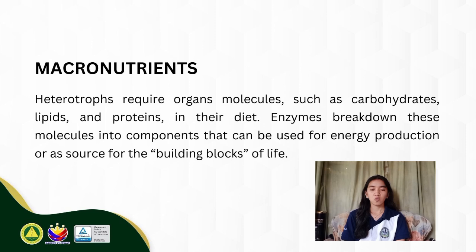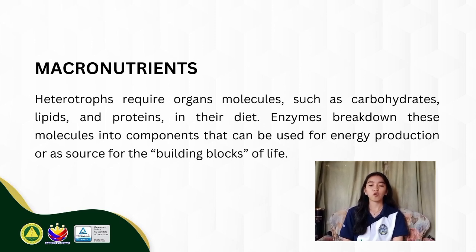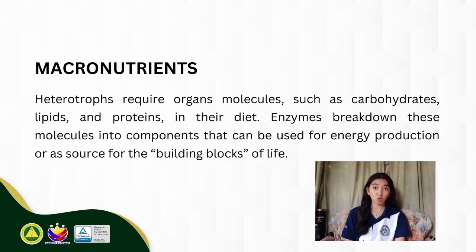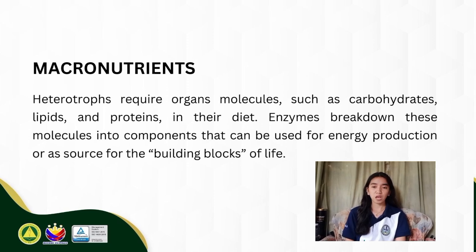Macronutrients, heterotrophs require organic molecules such as carbohydrates, lipids, and proteins. And enzymes break down these molecules into components that can be used for energy production or as the building blocks of life.